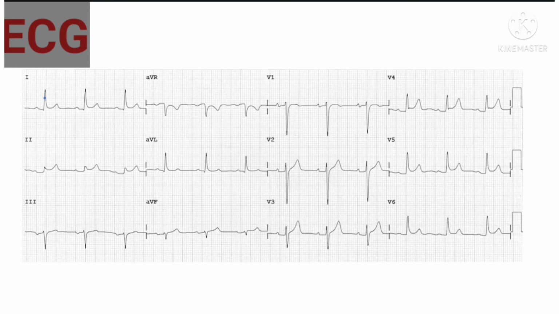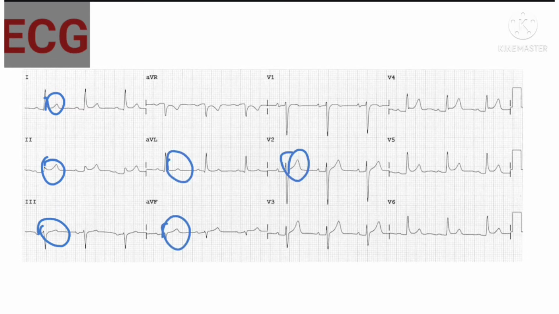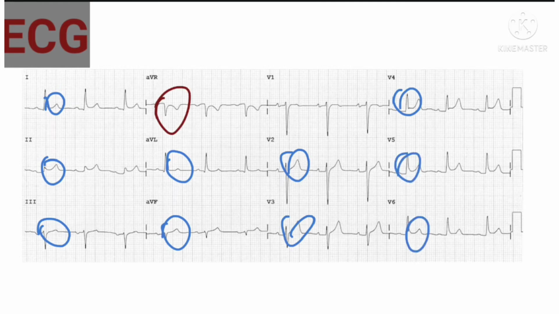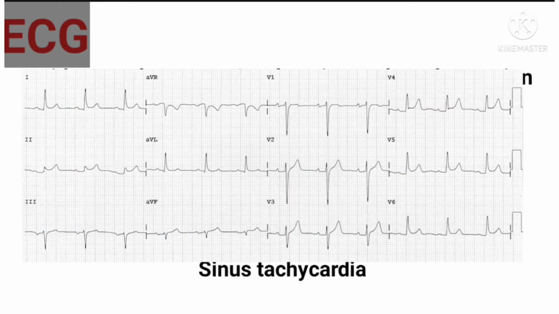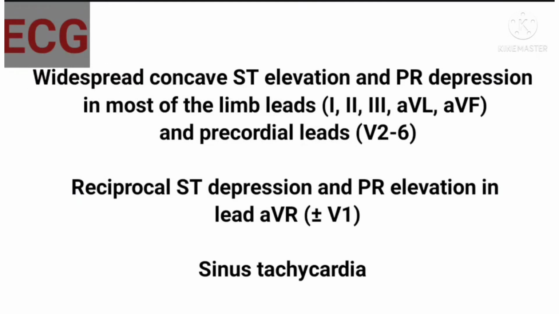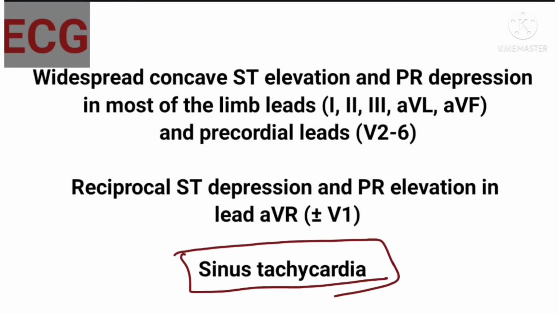Like in this ECG, the ST segment is elevated in lead 1, then lead 2, lead 3, lead aVL, lead aVF, then V2, V3, V4, V5, V6, and ST depression in lead aVR. Along with ST elevation, there is depression of the PR segment. Sometimes there may be sinus tachycardia also, along with ST elevation.